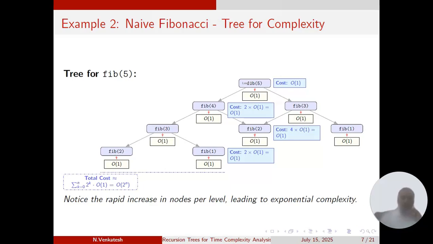Each time it is decremented by 1, so the number of levels is n, and at the leaves we have the cost as 2 power n into order of 1. When you add up, you get the time complexity order of 2 power n.